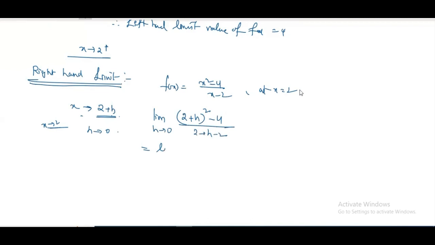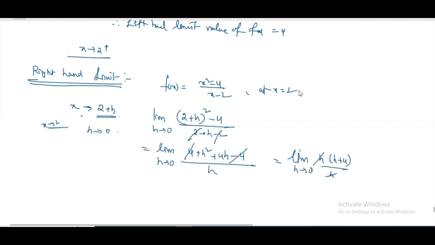Using the a plus b whole square formula, this is 4 plus h square plus 4h minus 4 by h, where 2 minus 2 cancels and 4 minus 4 cancels. Taking h common, it becomes h plus 4 by h. So h cancels, and substituting the h value, it will be 4.